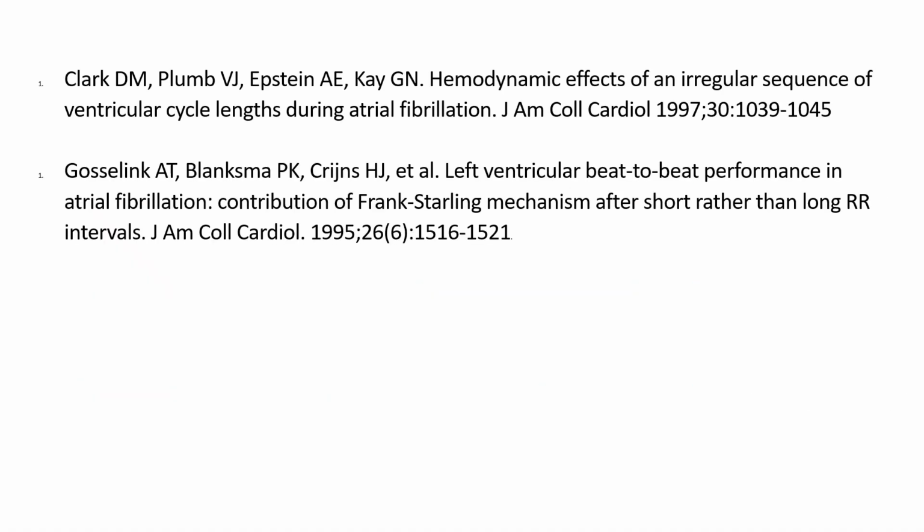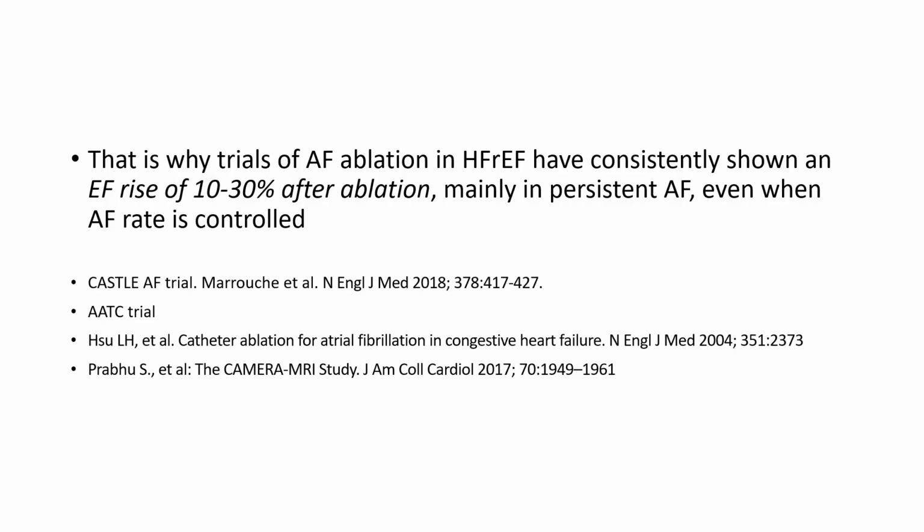Those concepts have been proven in two excellent landmark analyses of irregular heart rate published in the 90s. This explains why trials of atrial fibrillation ablation in heart failure with reduced EF have consistently shown a rise in ejection fraction of 10 to 30% after ablation, and frequently normalization of EF, mainly in persistent AFib, even in patients whose AFib rate is controlled.